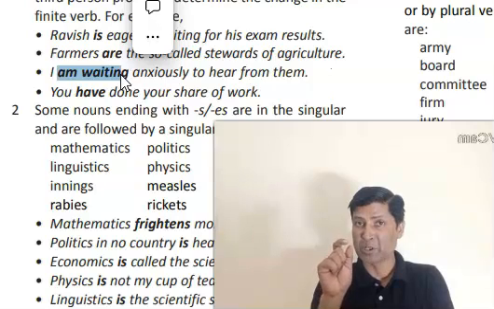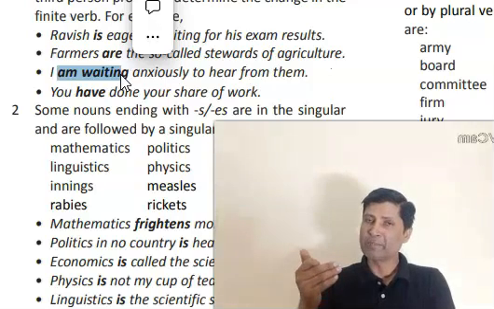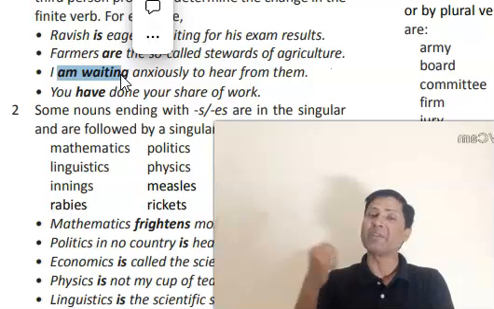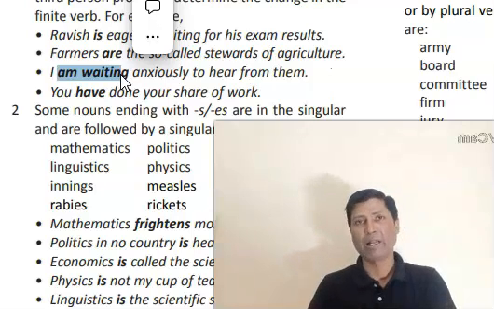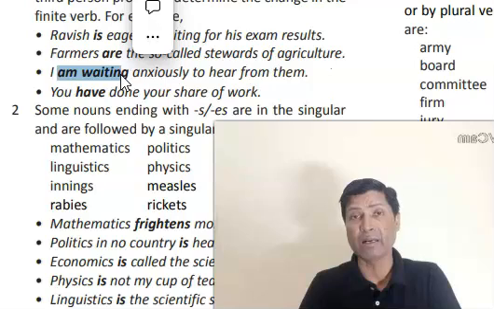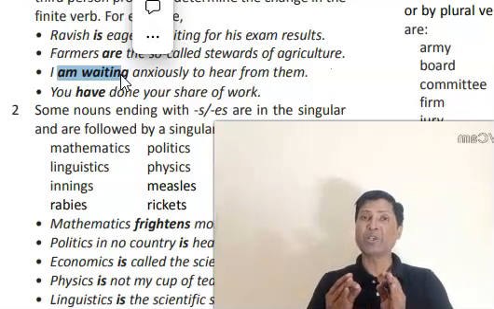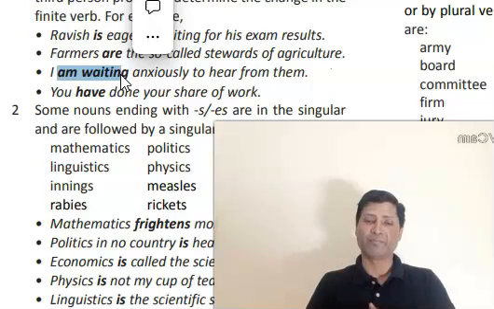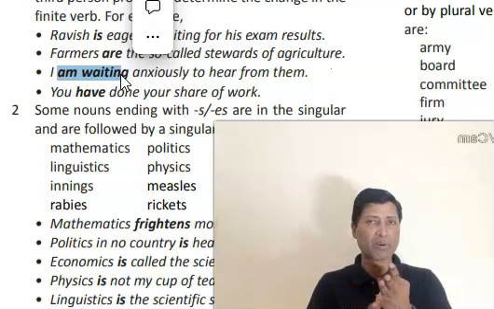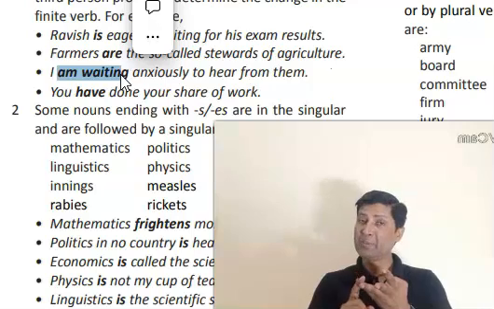How is a subject structured? So subject is structured in 3 ways. How the same subject becomes so easy and the same subject becomes so difficult. A subject is structured in 3 ways. It can be a single word subject, it can be a phrase, and it can be a clause also.